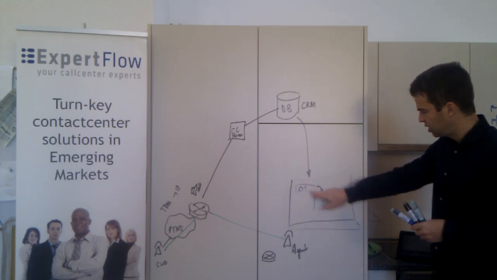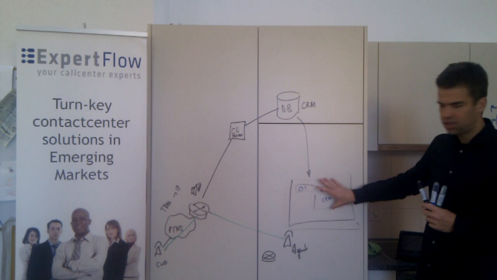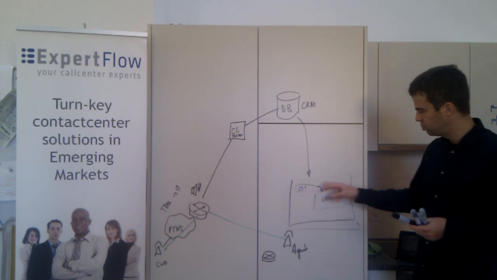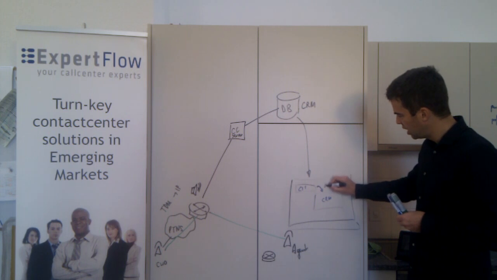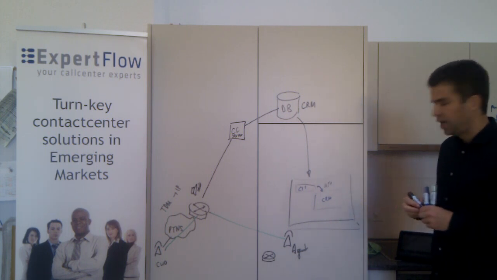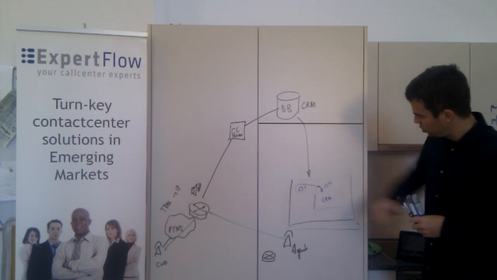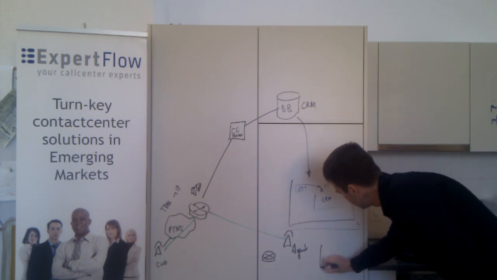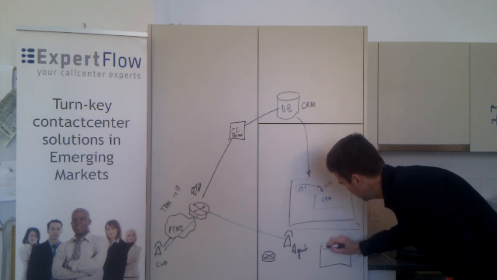Second way of integrating is a little bit different. So instead of having a CTI application controlling a CRM application, which is cost effective because we don't require development, most often this integration can be done through certain APIs or HTTP URL calls, these kinds of things. Now instead of doing this, the second scenario would be that we have a CRM application and that the CTI toolbar is embedded within the CRM application.